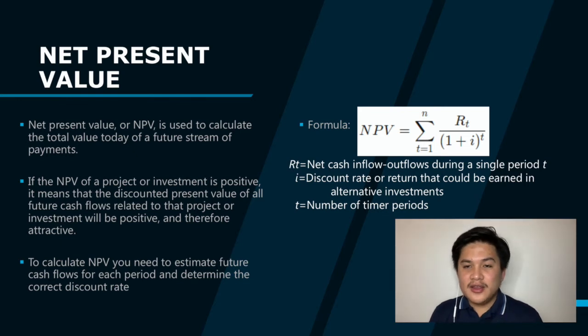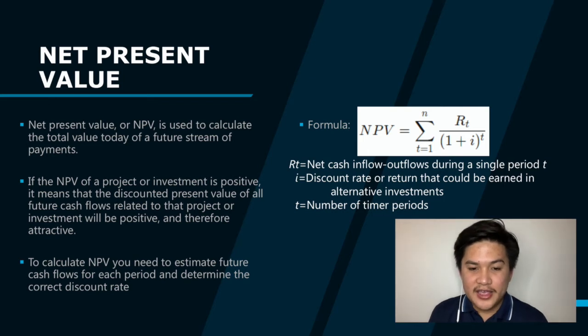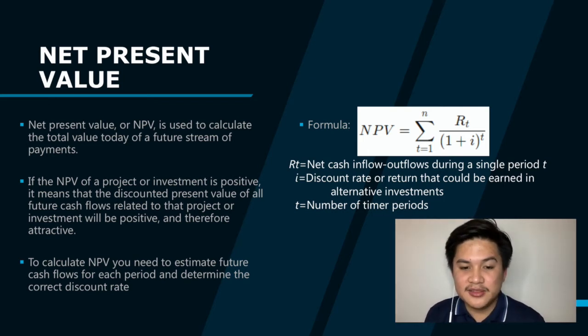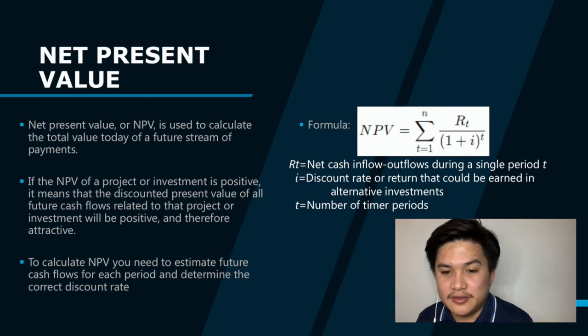To calculate NPV, you need to estimate future cash flows for each period and determine the correct discount rate. Here, we could see its formula, where Rt is the net cash inflow minus the outflow during a single period of time.